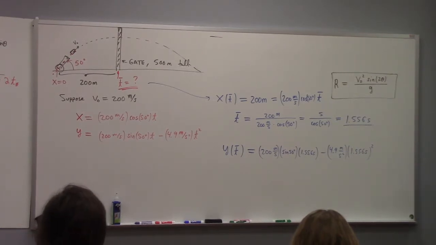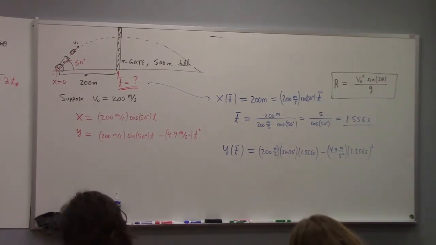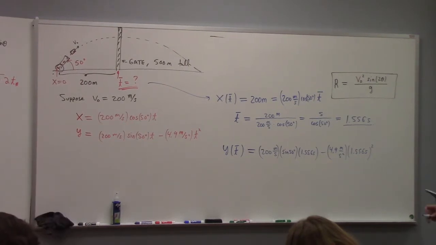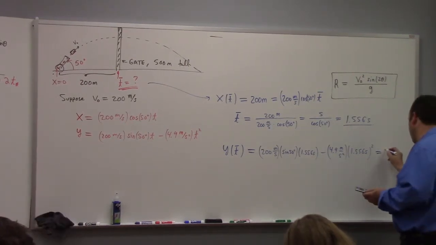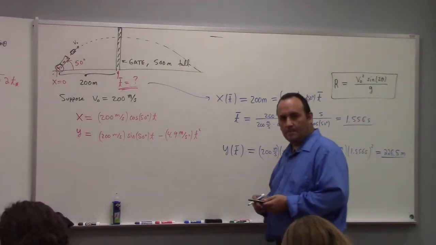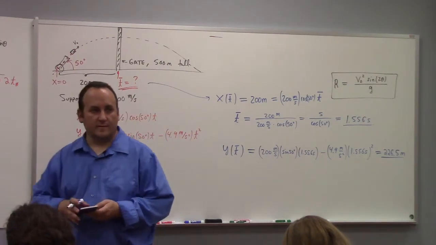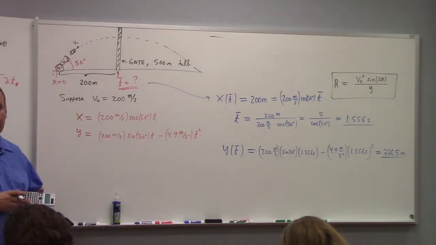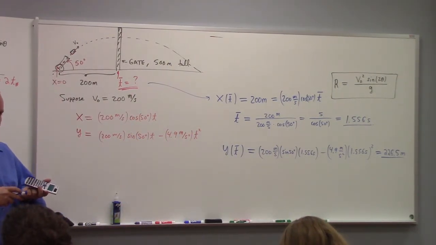My calculation is 226.5 meters. So it looks like the legendary ninja will be safe on the other side of the gate.